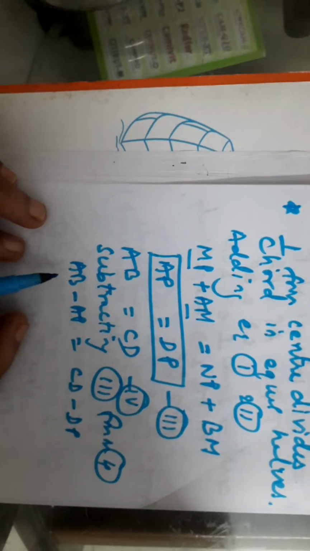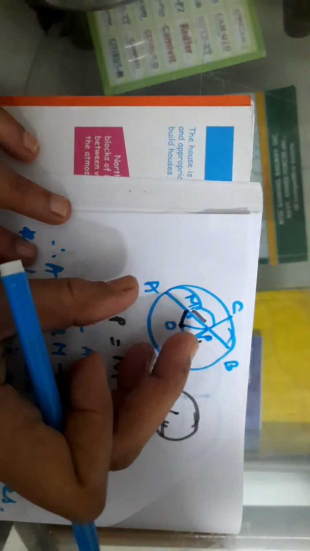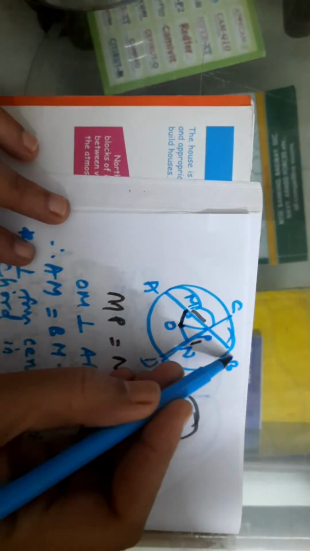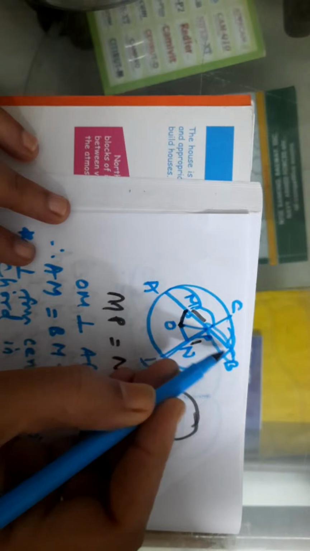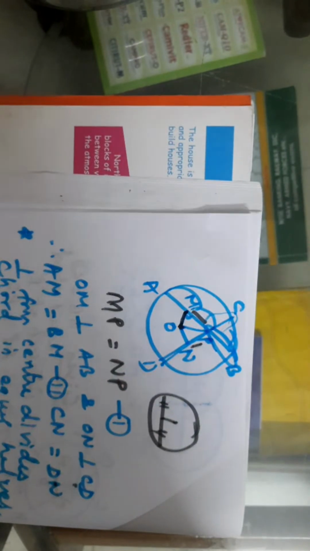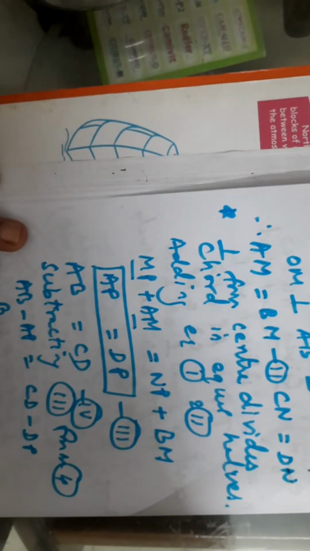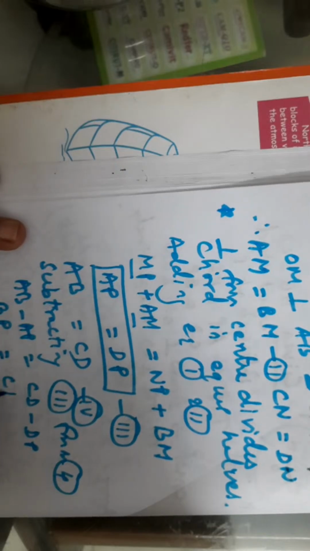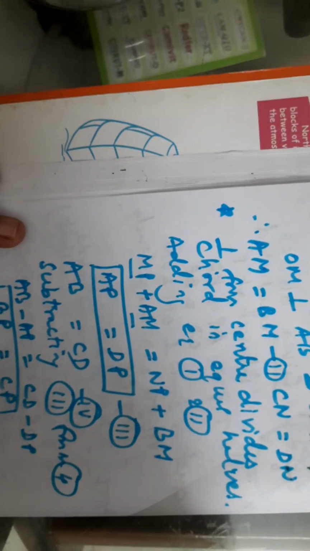Here out of AB, if I subtract AP, we are left with PB. And the same way here we can write CP. So it will become PB is equal to CP. This is the final proof which we need to make.